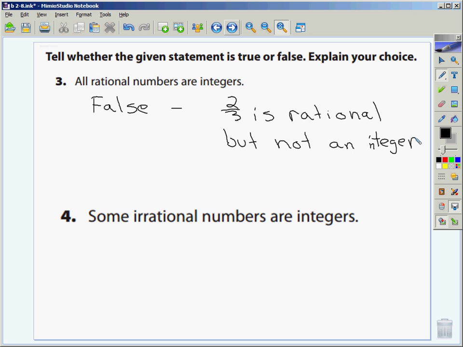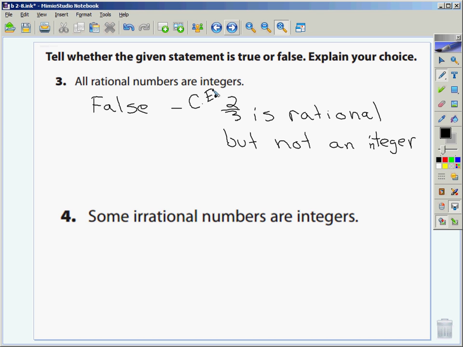Sometimes you can give very easily what's called a counterexample. A counterexample is just an example that shows something is false. Well, a counterexample in this case would be any fraction that can't be simplified. 2/3 is rational, but it's not what? But it's not an integer. That's why this is a false statement.